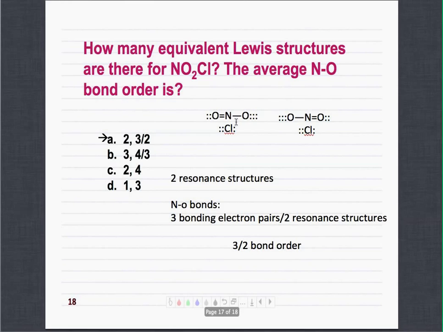Now, the second question is the other resonance structure. The other resonance structure, if this lone pair goes down and this bond becomes a lone pair, and that's going to resonate with this one in here. And the Cl.